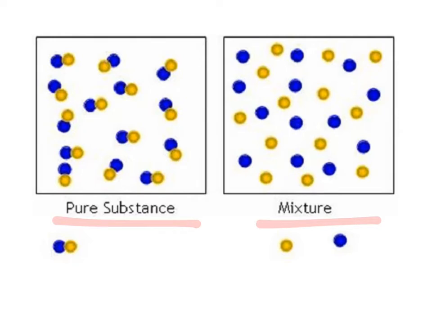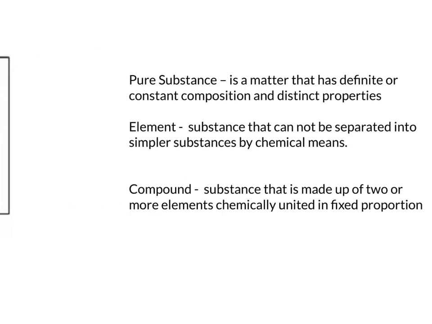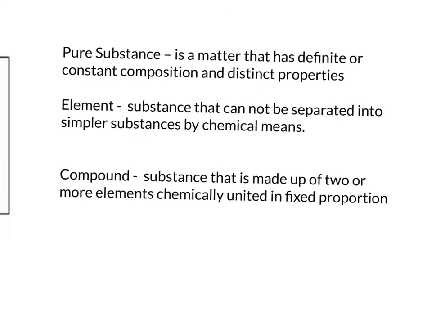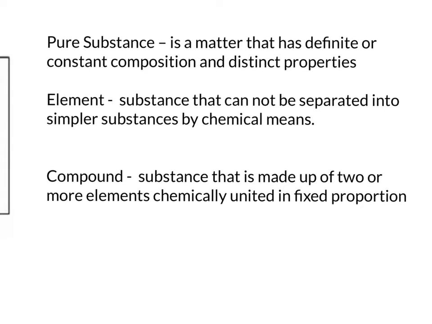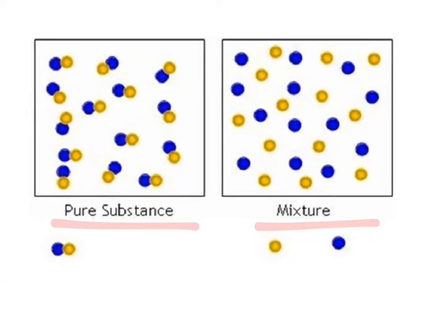Now, from its definition, a pure substance is matter that has definite or constant composition and distinct properties. The question now is, if the left box is a pure substance, what type of pure substance? Under pure substances, matter could be an element or a compound.